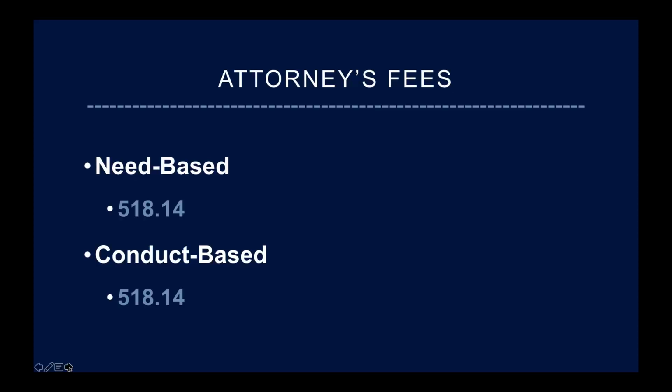It's been my experience that in the vast majority of cases, the court will decline to award need-based fees unless there's a really significant disparity in income between the parties. An example I use a lot is I represented a surgeon, 10, 12 years ago, and his income was around $500,000 a year, and his wife worked as a chef making $30,000 a year.